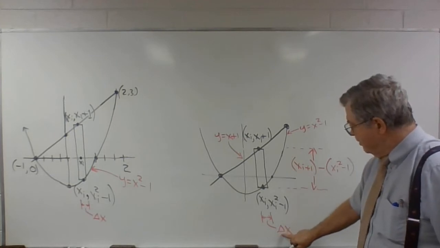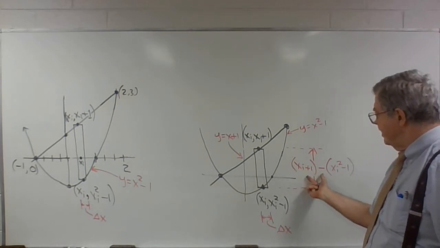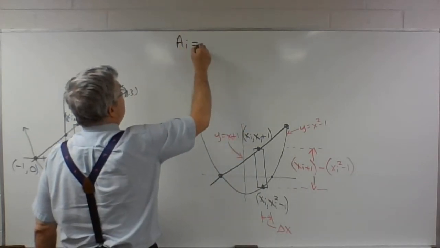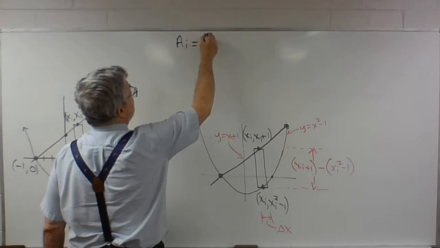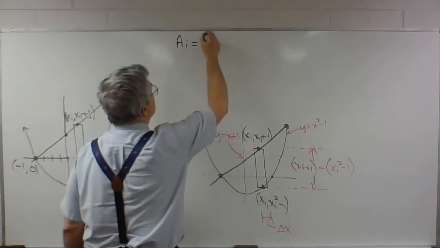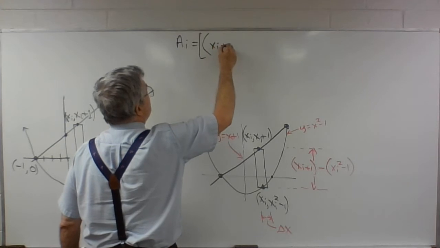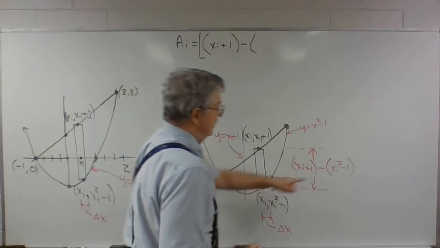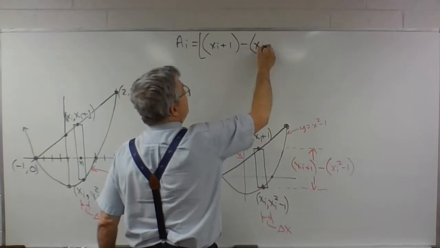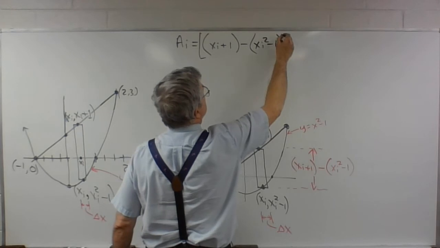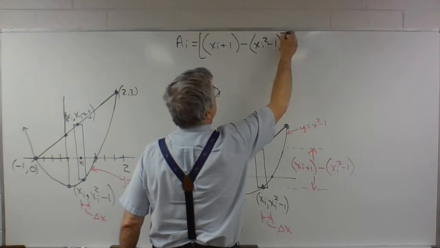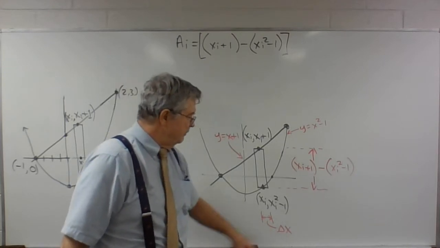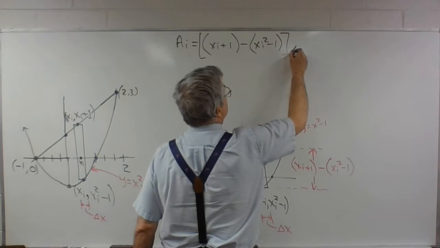I have the width of my ith rectangle, I have the height. So the area of the ith rectangle, A sub i, is equal to the height, x sub i plus 1, minus x sub i squared minus 1, times the thickness, or the width, delta x.